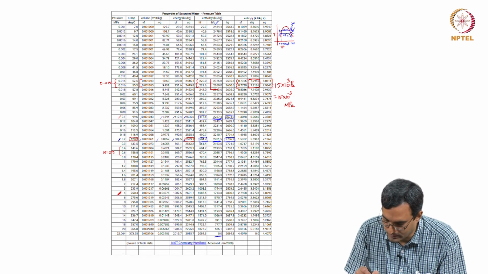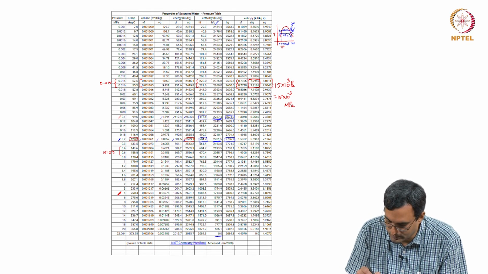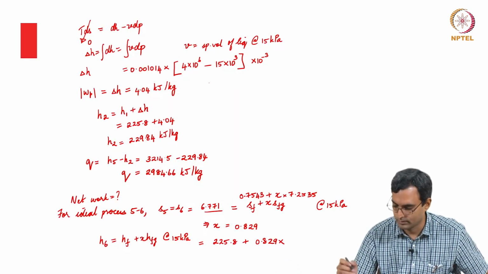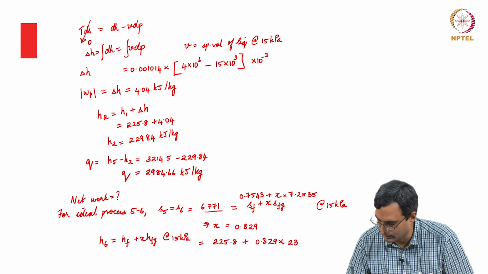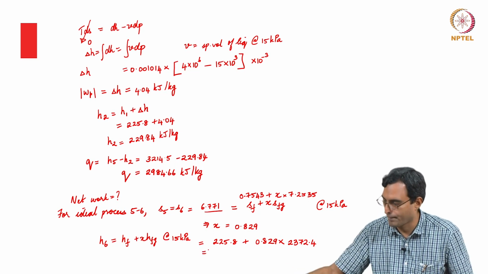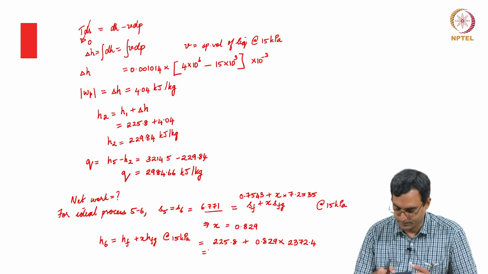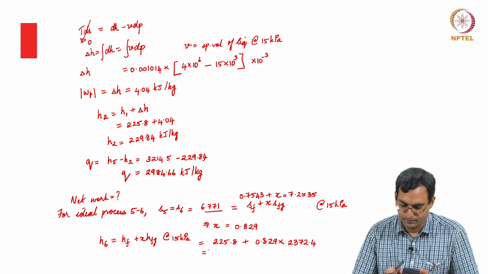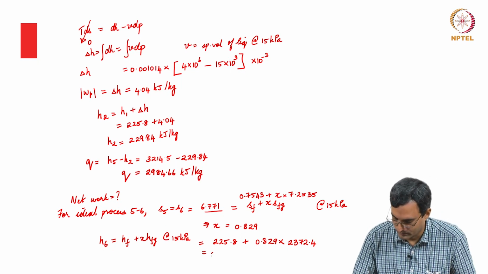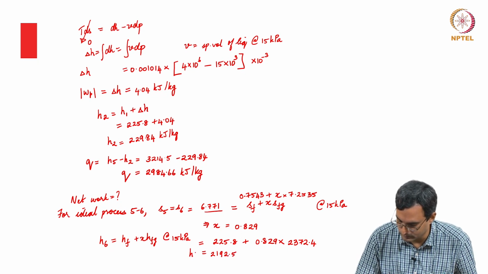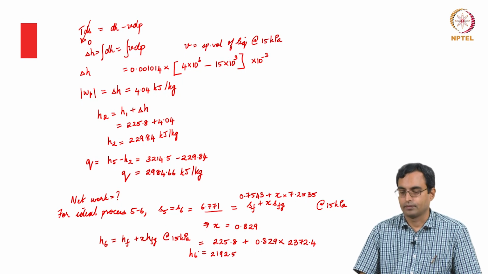HFG is essentially the average of these two values. Which gives me this.